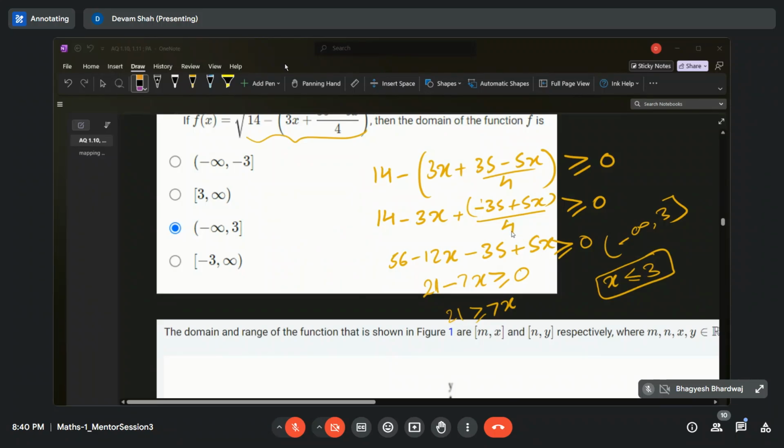After this 56, I didn't get this one. Third line. Okay, wait. The simplification. Okay.